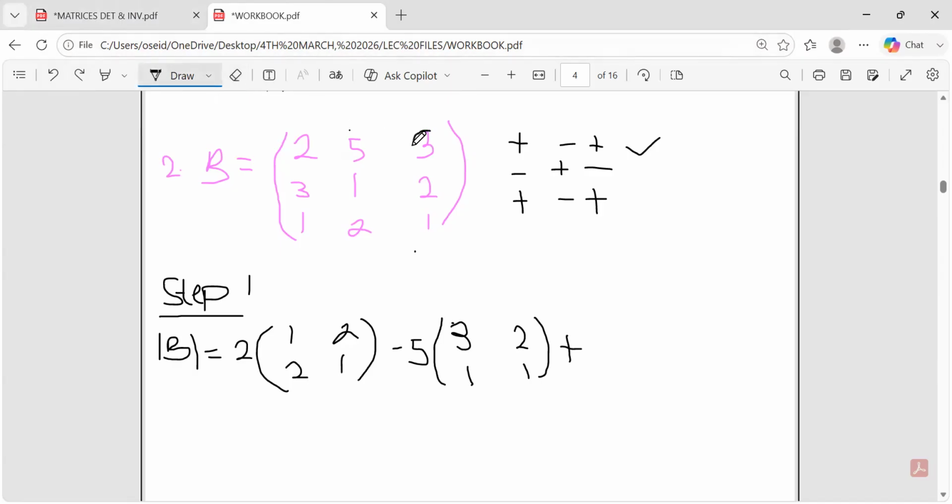So we take 3 and assume that once we take 3, row 1 does not exist, column 3 also does not exist. So we are going to get 3 multiplied by 3, 1, 1, 2.